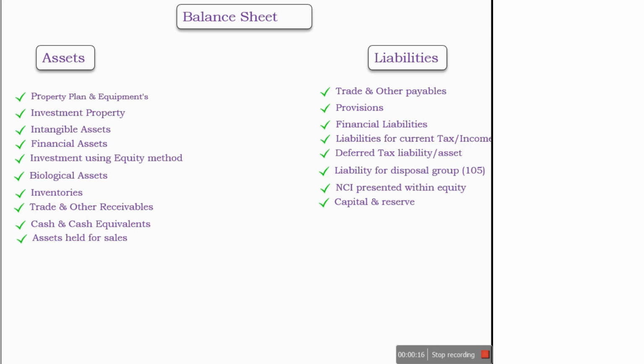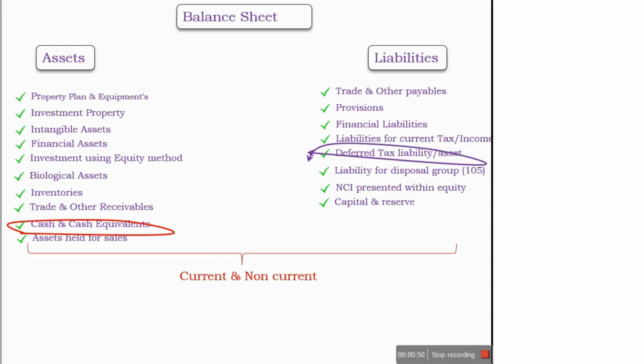An entity may present additional items and can make judgment on the basis of the nature and liquidity of the asset, the function of the asset within the entity, and the amount, nature or timing of the liabilities, etc. Apart from it, one thing we need to note is that there is a difference between cash and cash equivalents as per Ind AS 1 and as per the definition in Ind AS 7 Cash Flow. So that we will discuss later on.